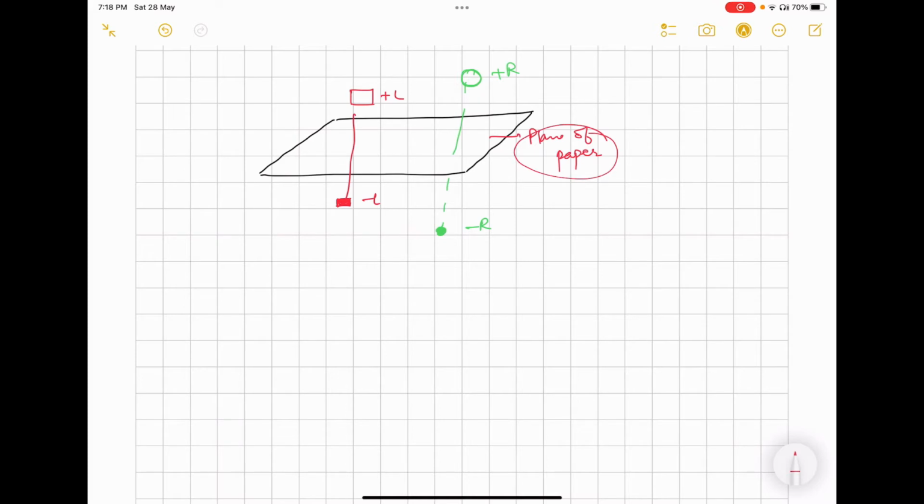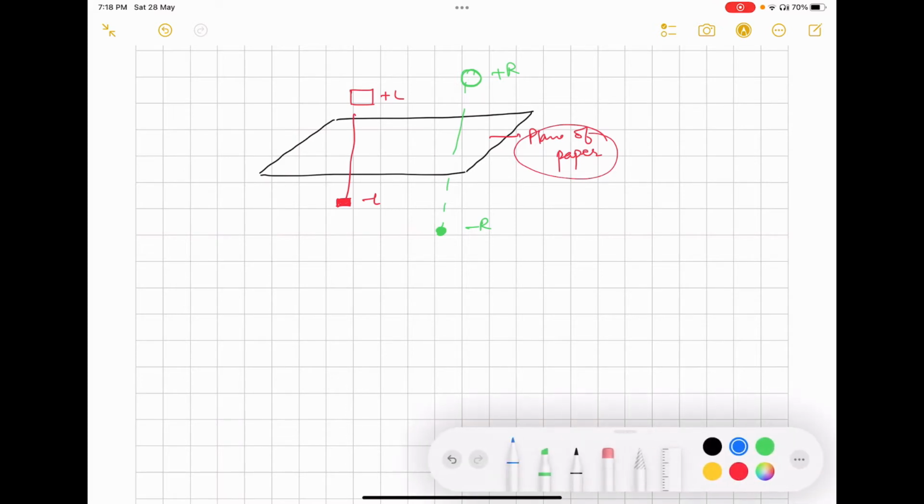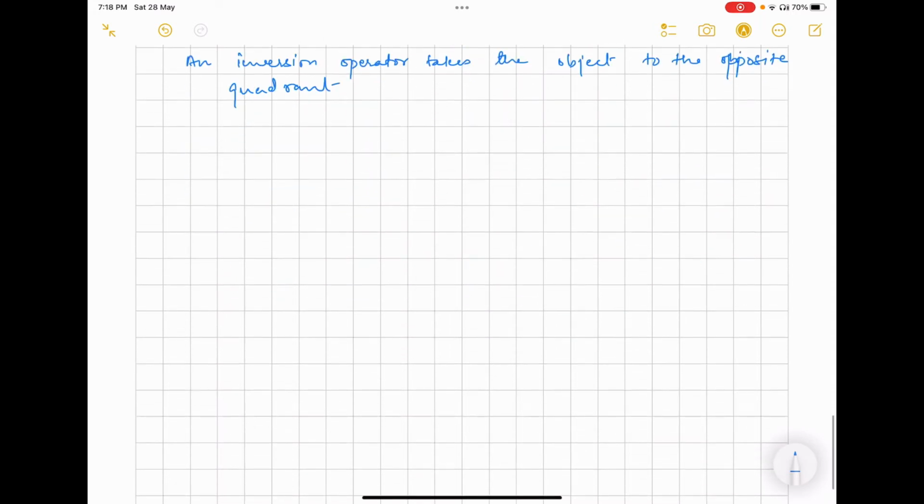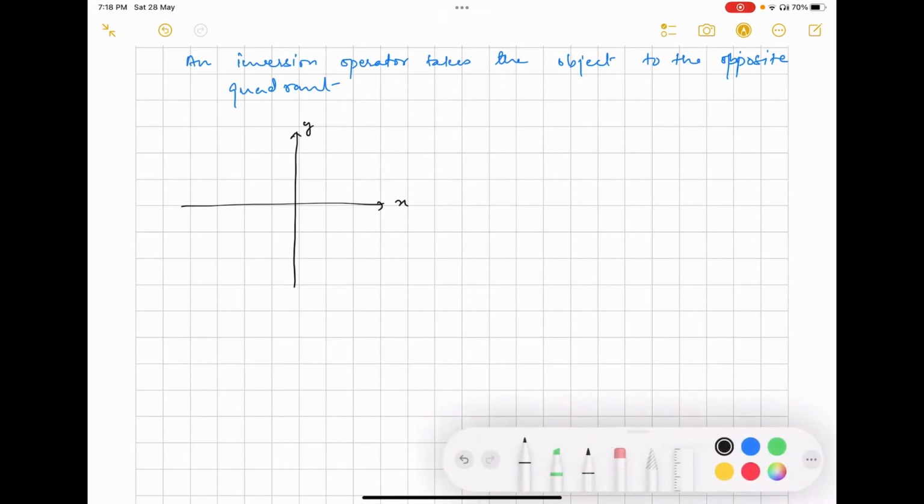Okay, so an inversion operator takes the object to the opposite quadrant. So, for example, in 2D, if you see, these are your x and y axis, and you have any object here.